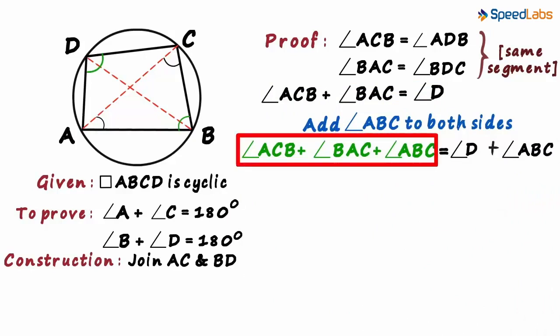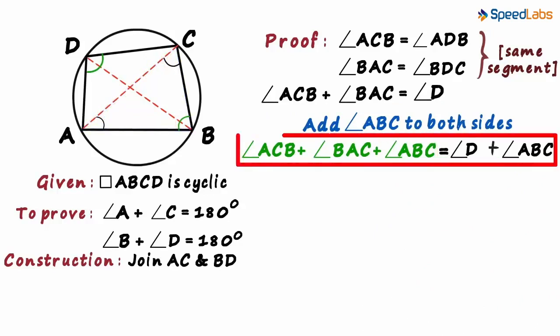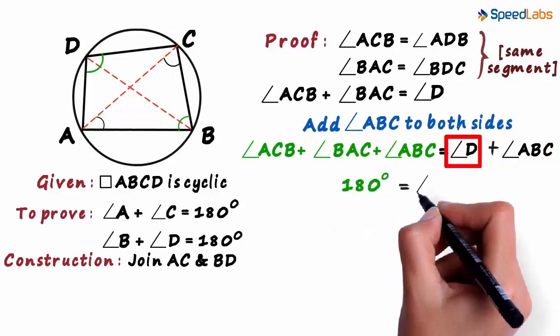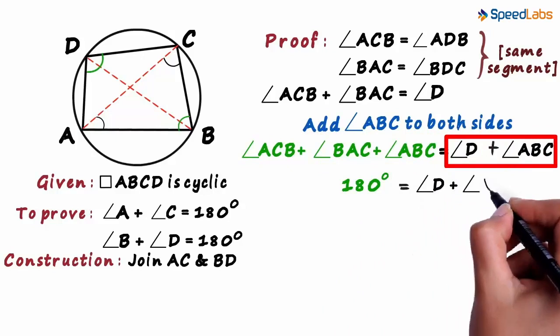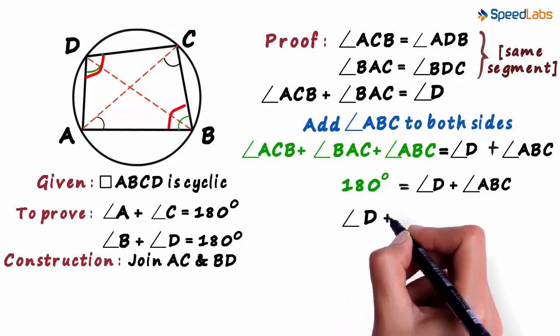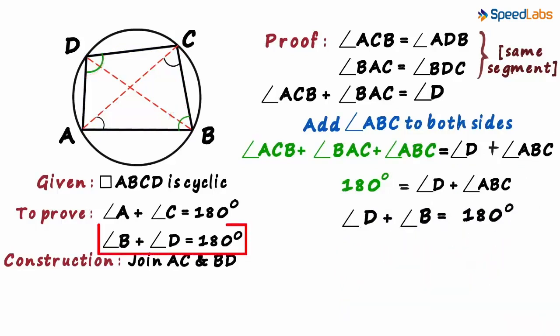This left-hand side, as we saw, is the sum of all angles of a triangle ACB, which equals 180 degrees. The equation we get is 180 degrees equals angle D plus angle ABC. We're almost there. Angle ABC is actually angle B of the quadrilateral. So we can say that angle D plus angle B equal to 180 degrees. So we proved one part.